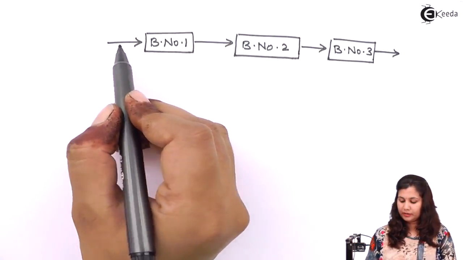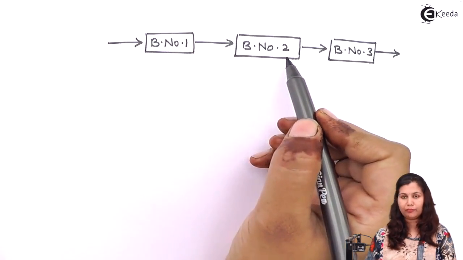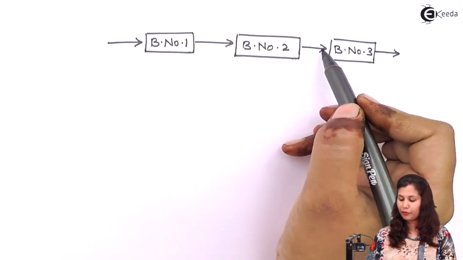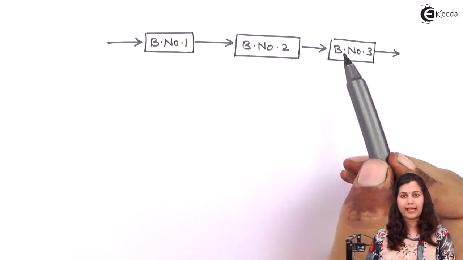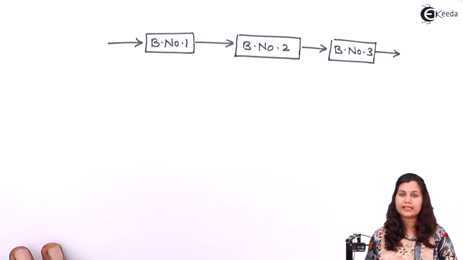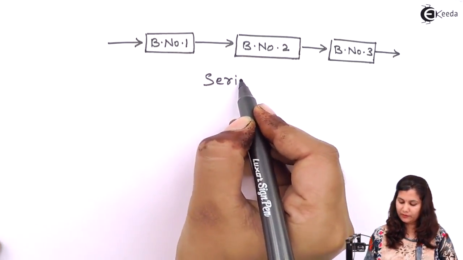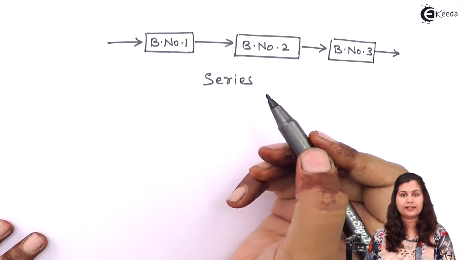If the output of block number 1 is the input of block number 2 and the output of block number 2 is acting as an input to block number 3, then such a connection of the blocks is the series combination of the blocks. So in this way, the blocks are connected in series.